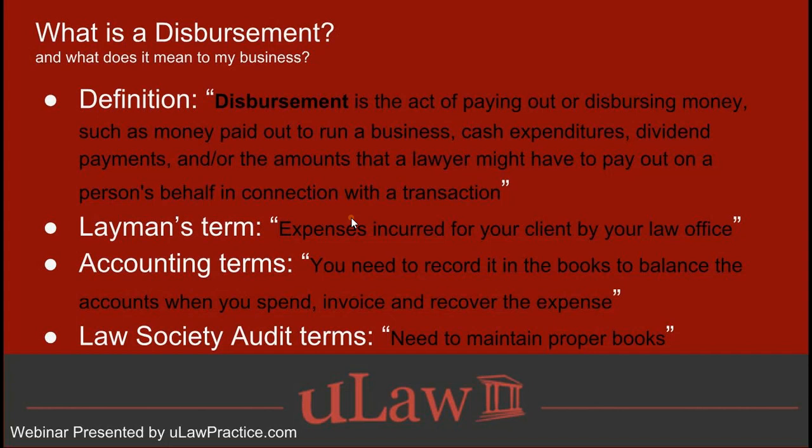So there are certain types of expenses that you may incur as a legal office on behalf of your client for a specific file. Because if you have multiple files for the client, you still want to demarcate them as disbursements for a specific matter or file. Those are what we call disbursements.